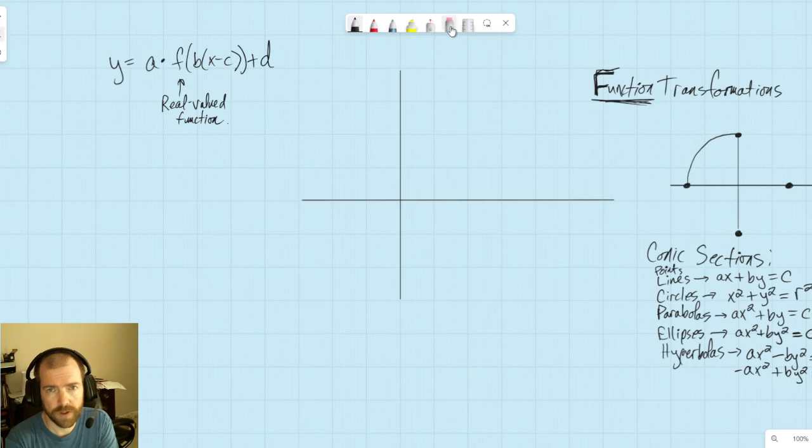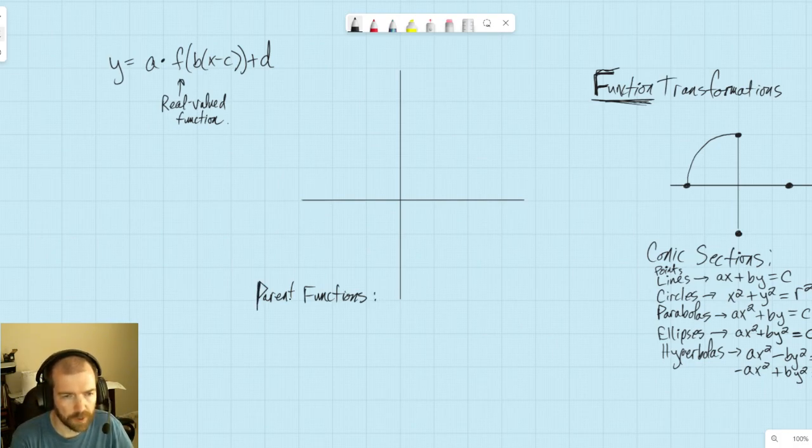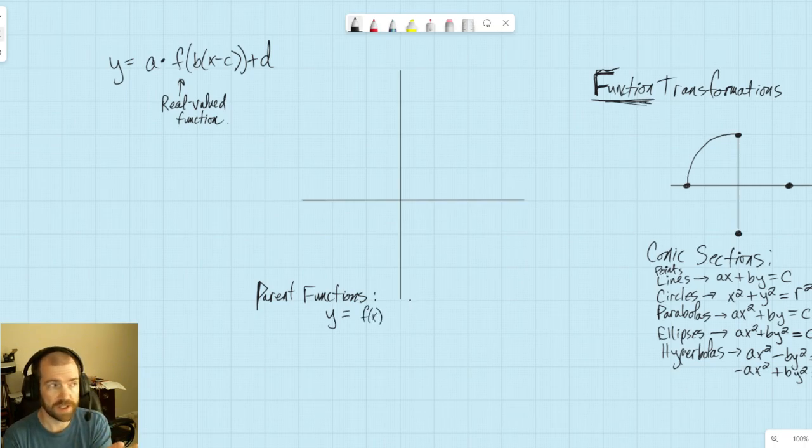And if we're going to talk about function, what I would want is to first talk about parent functions. So parent functions are going to be the building blocks of everything we talk about. This is just going to be y equals the function itself.